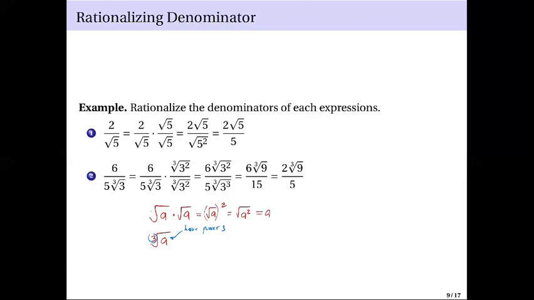That's why we multiply by cube root of a squared. The power here will be added to the power here, so you will get cube root of a to the power 3. Now you can do the cancellation: cube root and power 3, you'll just get a. So that's what we do in here.